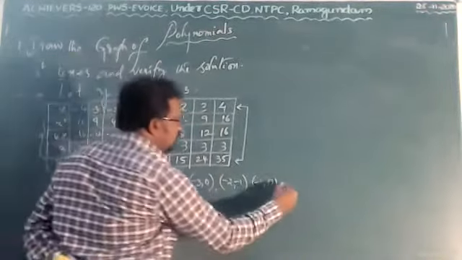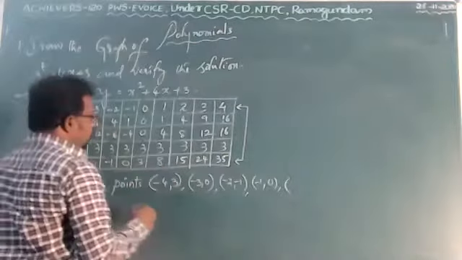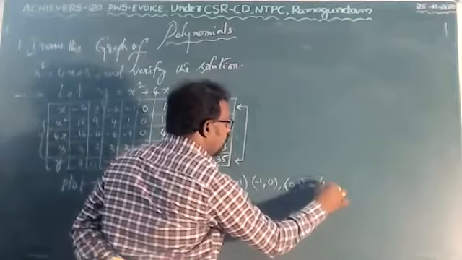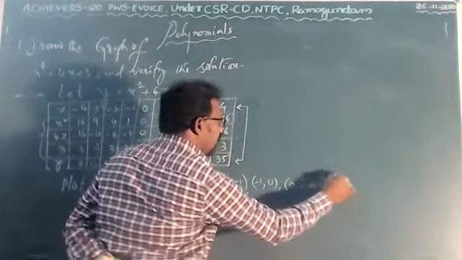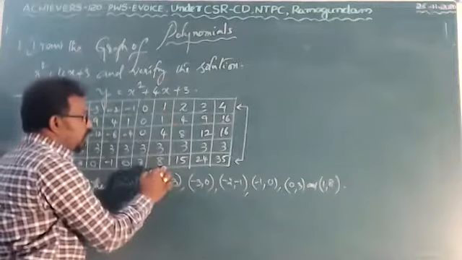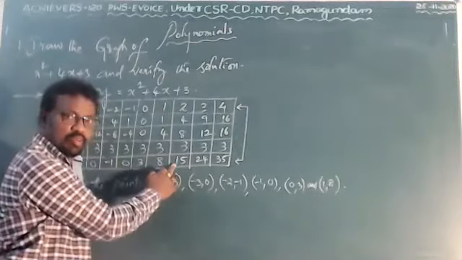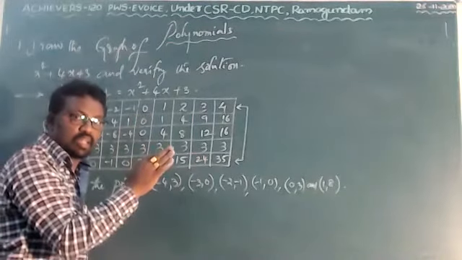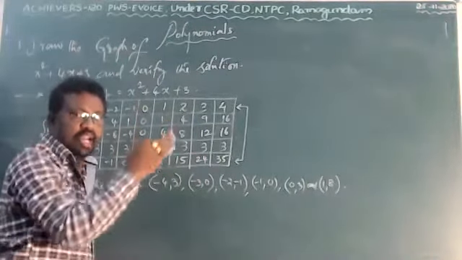I will adjust there. 0, 3, and 1 comma 8. Up to here it is enough because the y value is more than 12. No need to plot because you can't see more than 12 in the graph.